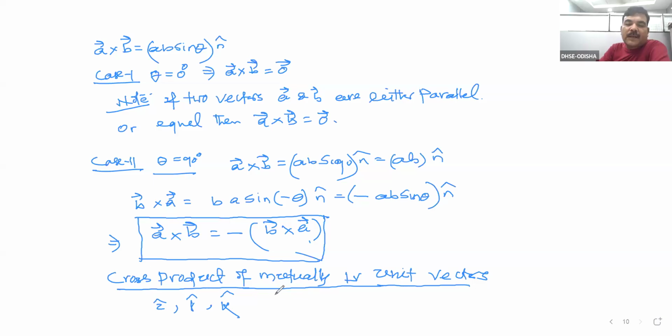So note it down, I cross I, sorry, is equal to 0. J cross J is equal to 0. K cross K is equal to 0. Right?